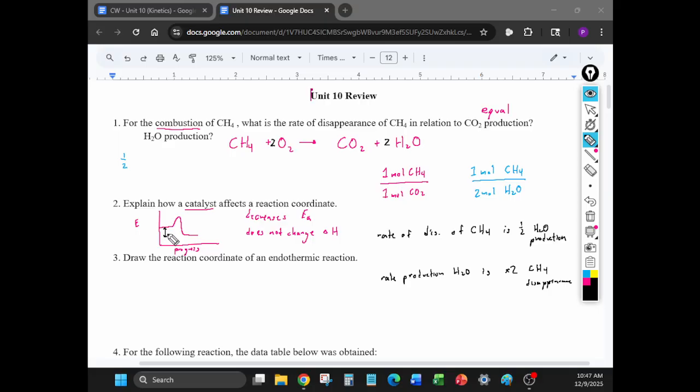That's this arrow right here, the black one. But it does affect this arrow right here, the blue one, the height of the activation energy. Okay, so it lowers the energy required to start the reaction, but it does not change the actual change in energy of the system.